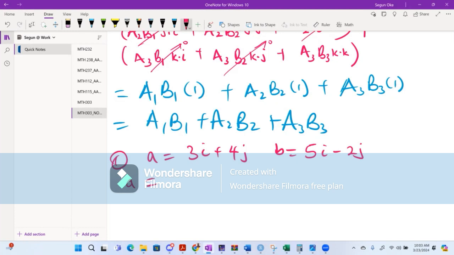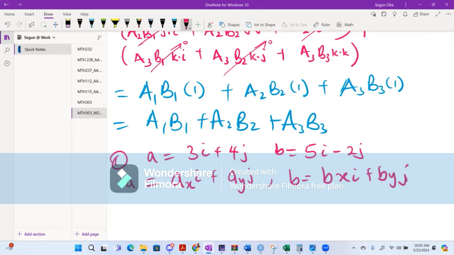I can say my A is equals to Ax i plus Ay j. Then I can also say I have B equals to Bx i plus By j.